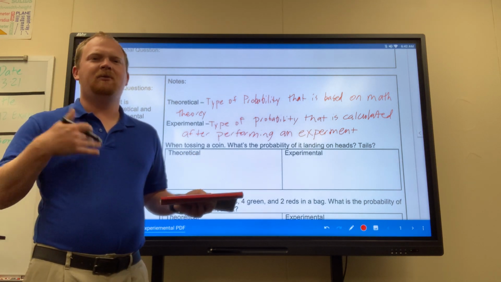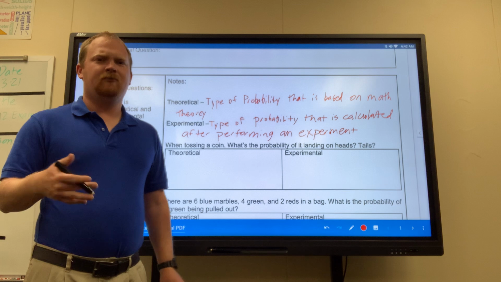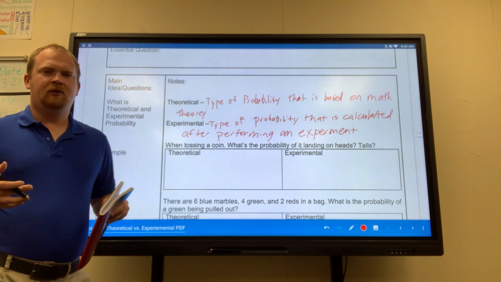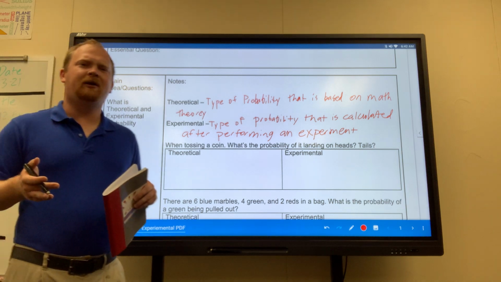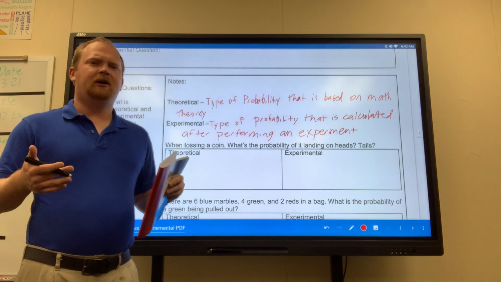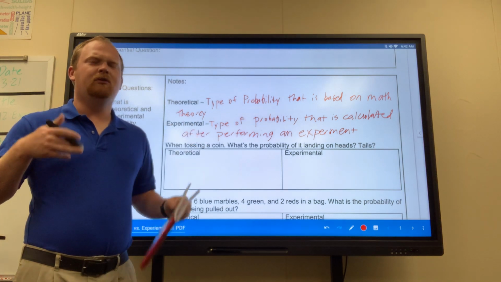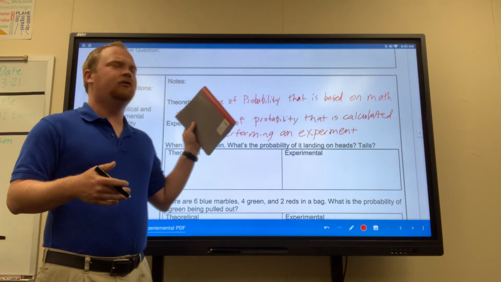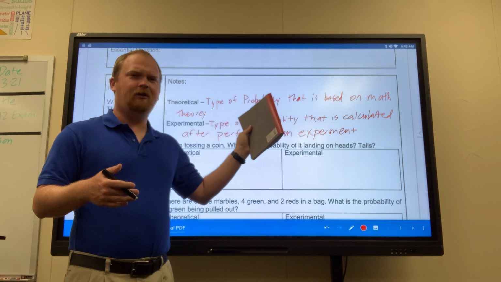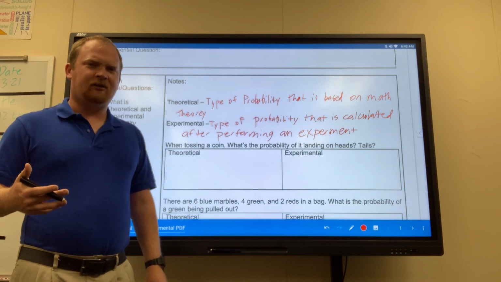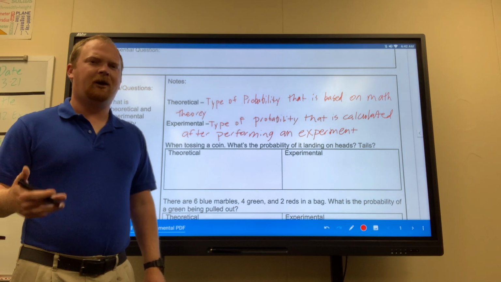I did the experiment and this is the result that I got. Now it may not always come out even at first, but the more often you do it, the more likely you get to the theoretical probability as far as the actual results or the actual possibility.